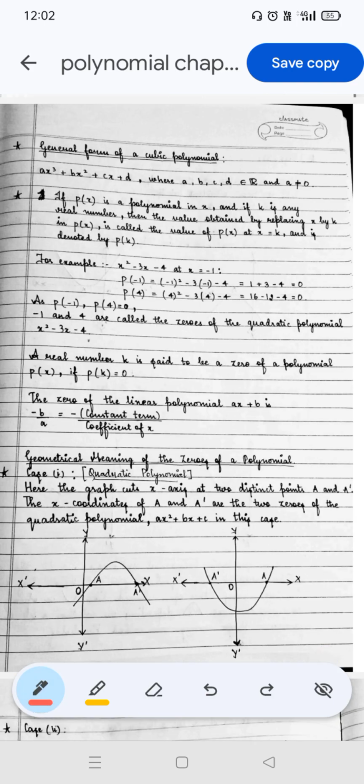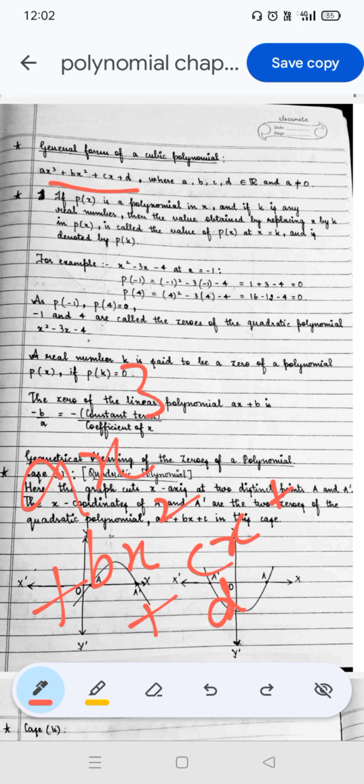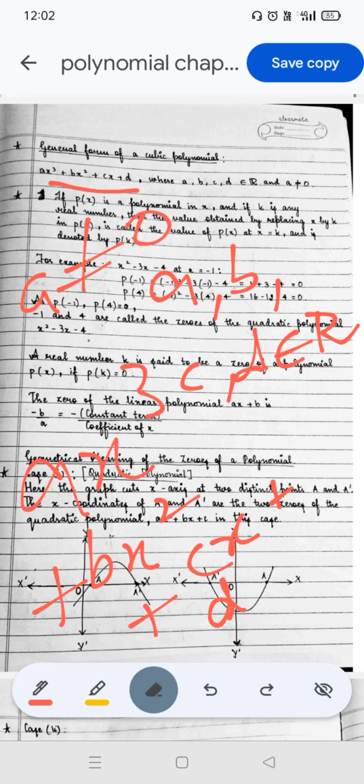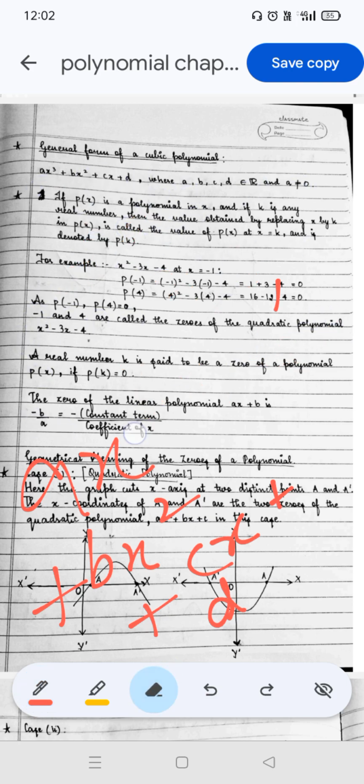So, the general form of cubic polynomial has the highest power 3. So, hence we write ax cube plus bx square plus cx plus d. And here we ensure that a, b, c, d belong to real numbers and a is not equal to 0. Right?